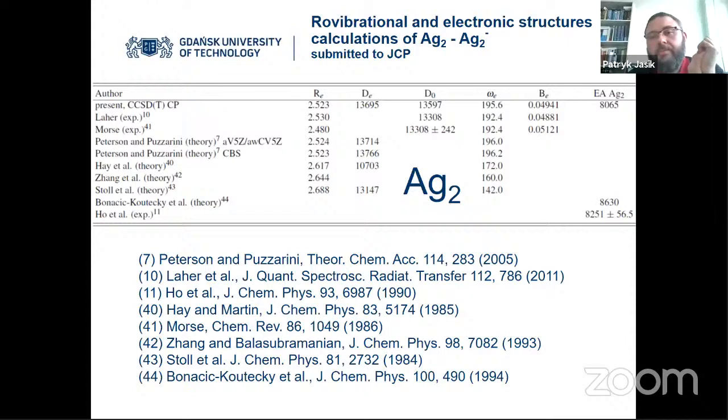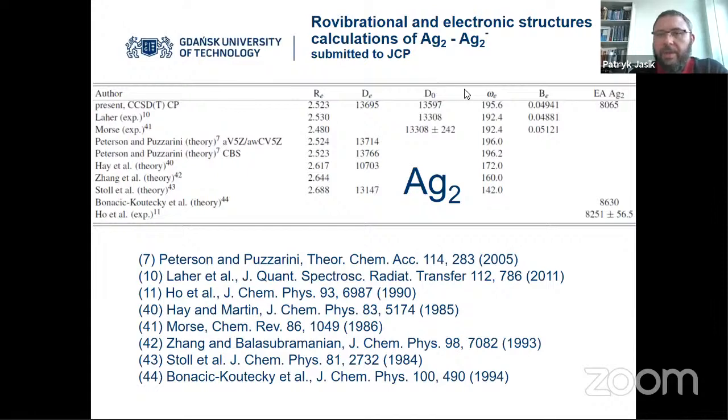When we looked at the spectroscopic parameters of the silver dimer and especially the silver anion dimer, it was surprising that there are not so many data for these systems. We think that our new results are now the best results, which allow us to describe these two systems, having ground-state potentials.